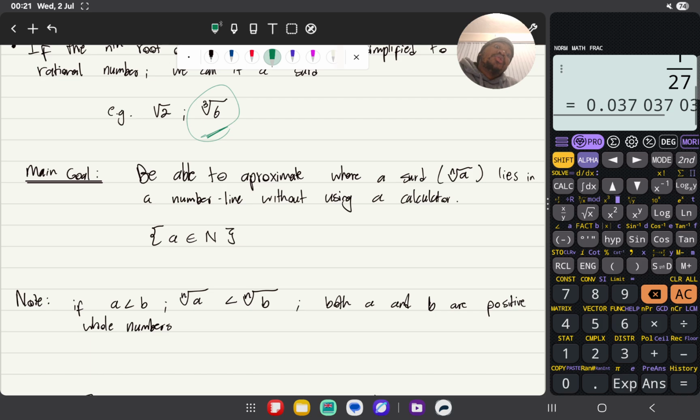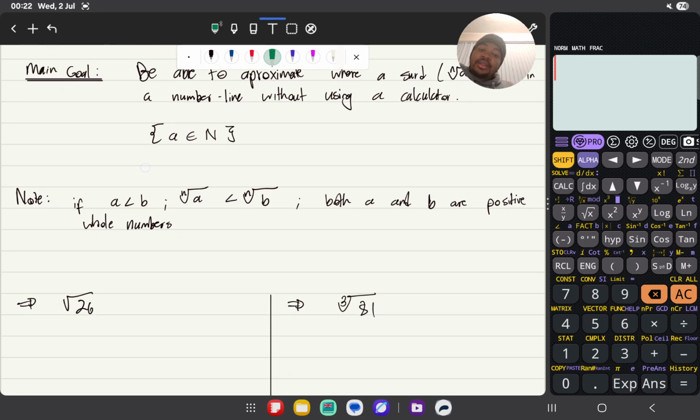You can do that without a calculator. Of course, you cannot give me the decimal number without a calculator, but there's a method we can use to approximate where on our number line it is going to be. We will deal with that in a few.